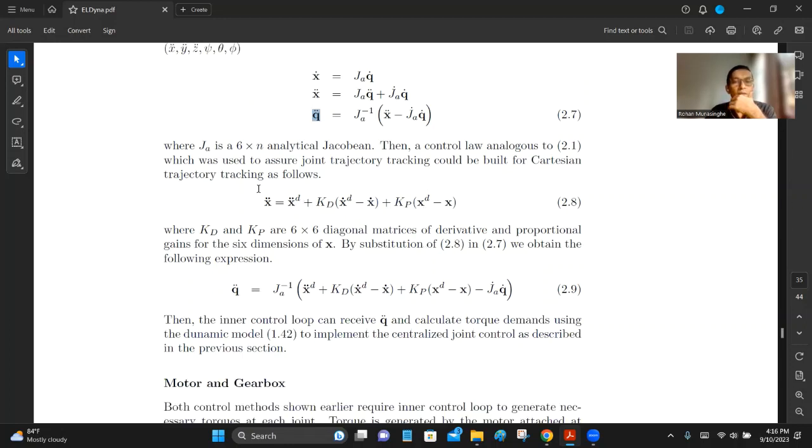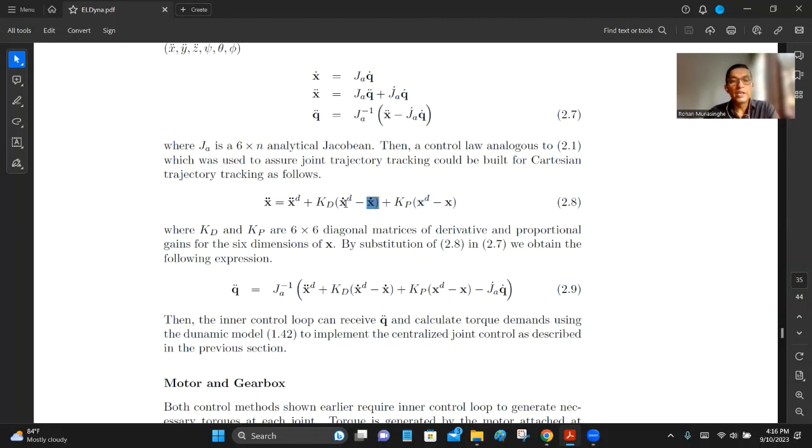And similar to the previous case, where we wrote down this control equation to calculate Q double dot, this time we write it for Cartesian space. Look at the entire equation. This is the Cartesian space equation, very similar to the joint space equation. Okay. You can see the position error. When I say position error, it is the x direction, y, z directions, right? Any errors. And also the roll, pitch errors in the orientation.